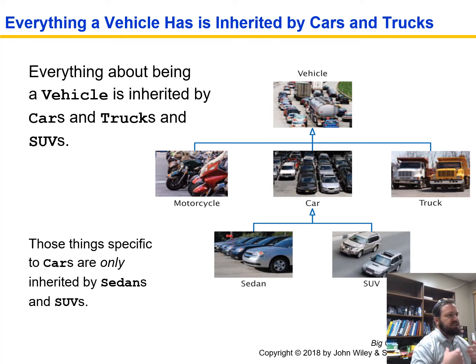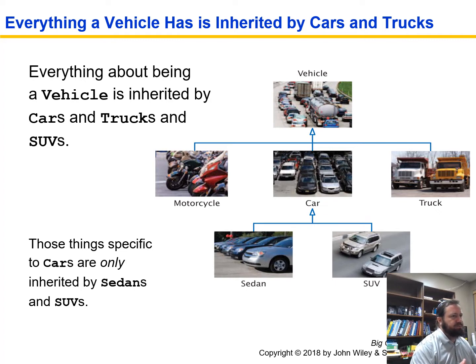Those things specific to cars, that they usually have two rows of seats, so there's a driver, a front passenger, and then rear seat passengers, though there are cars that don't have rear seats.